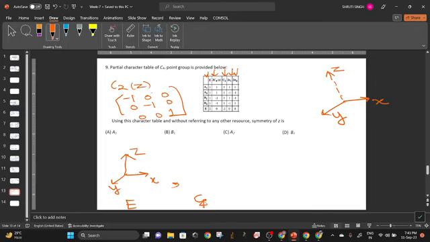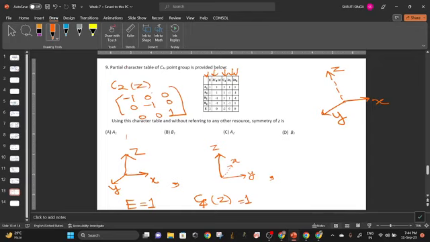You can imagine, C4 means rotation by 90 degrees. X goes here, Y comes here, but Z does not change its place. So the character for Z should be 1, and for E it is obviously 1.